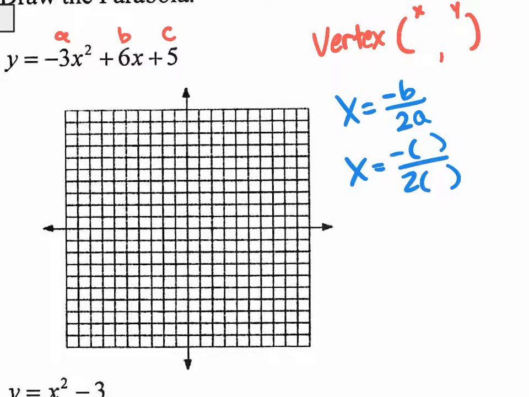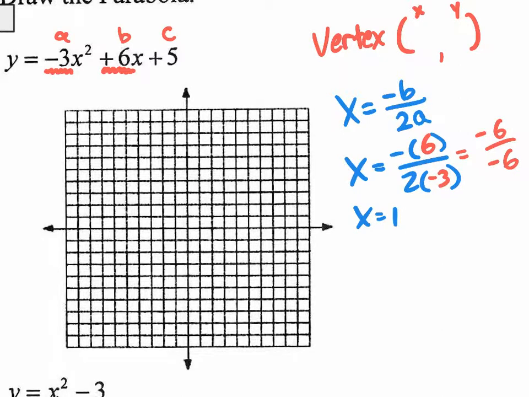And what is my b value? 6. What's my a value? -3. So when I plug in the 6 and the -3 and do the math, I'm going to end up with a -6 on top and a -6 on the bottom. And what is -6 divided by -6? +1.